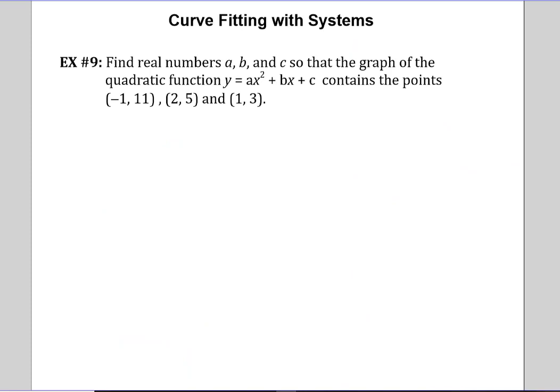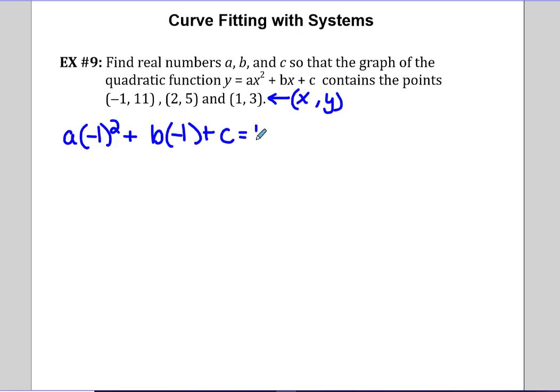Now, in example 9, we're going to use the standard form for the quadratic ax squared plus bx plus c, and these are our x's and y's here. So these 3 points live on some parabola. We want to find that parabola. So what I did was said to myself that I could write a times the x value squared plus b times the x value plus c has to be 11.